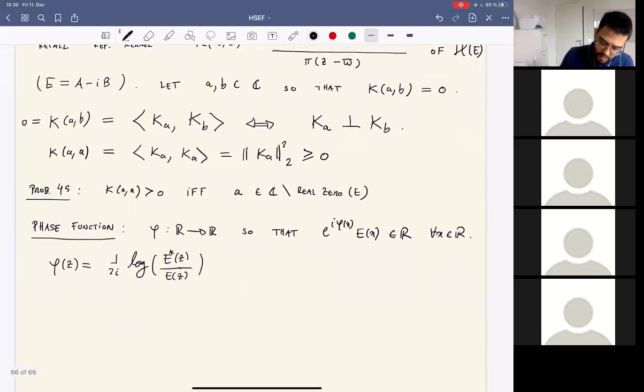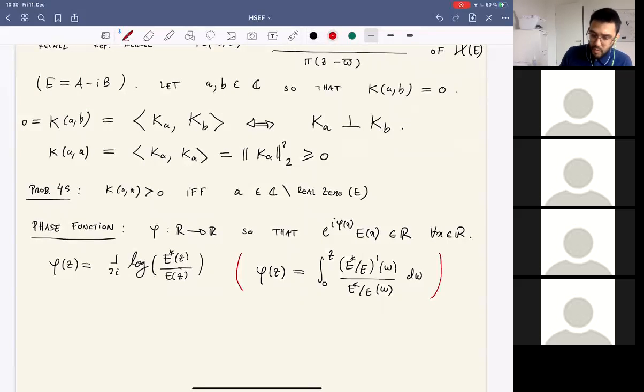For instance, you could define phi(z) as the integral from 0 to z of (E star over E)'(w) divided by (E star over E)(w) dw.